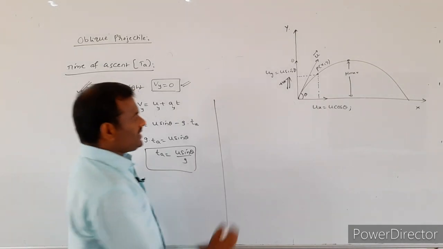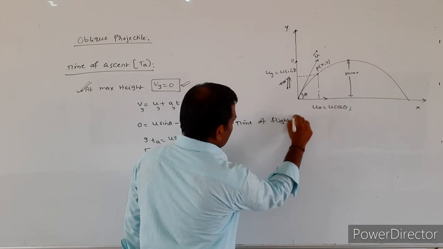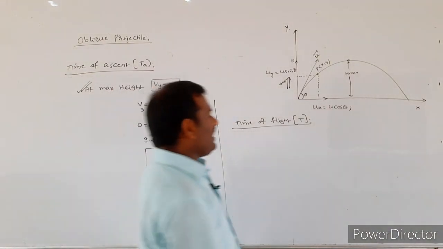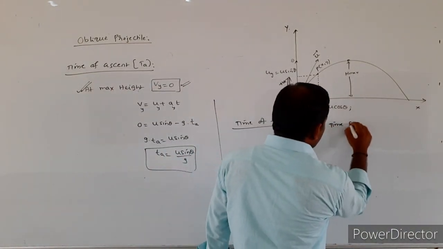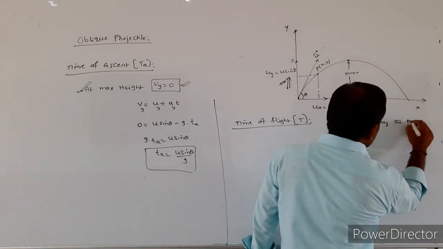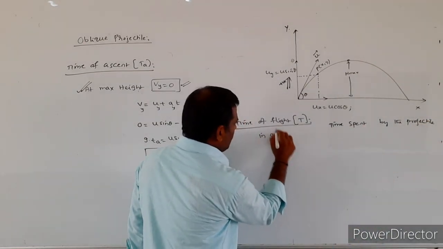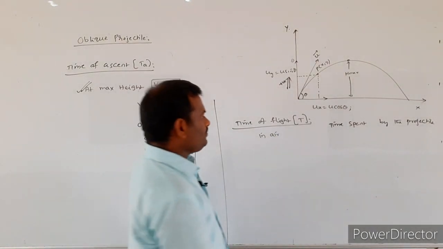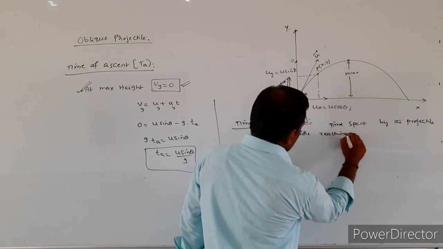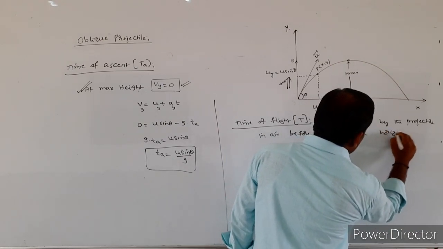The next definition is time of flight, which is indicated with the capital T. Time of flight is defined as the time spent by the projectile in the air before reaching the ground, that is, before reaching the horizontal level.